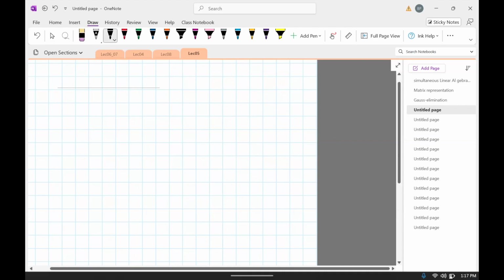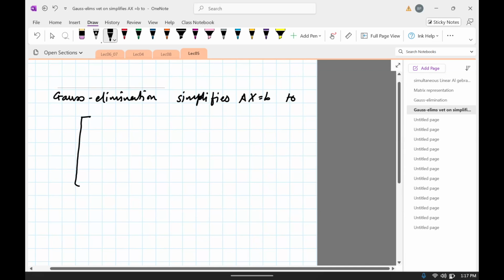So let me split this. Gauss elimination simplifies Ax equals b to this form.